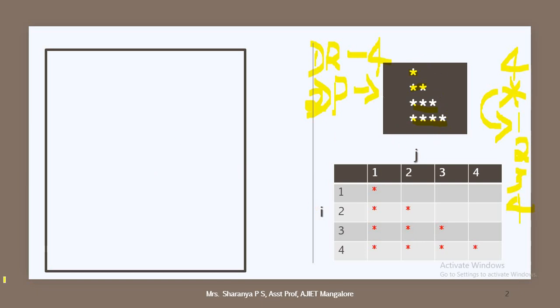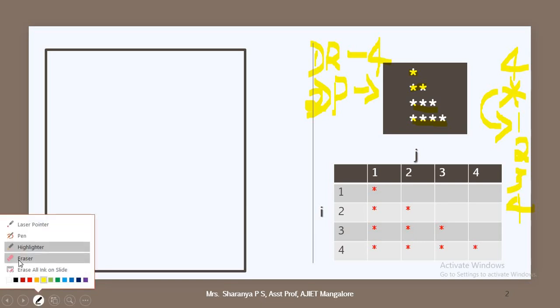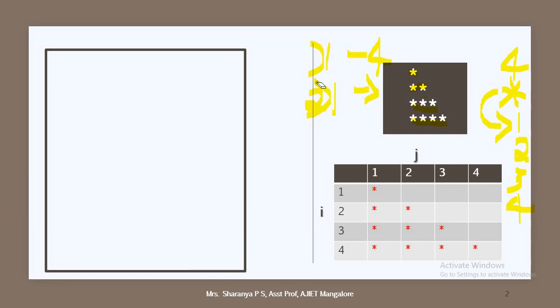Now, if we start coding, how can we proceed to write this pattern as output? In the previous session, I discussed in detail what a nested loop is. Here the best option we can choose is the nested for loop to perform this operation.